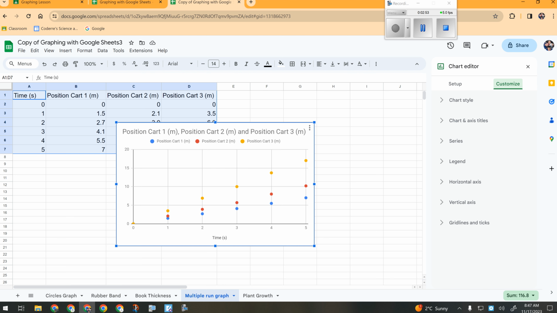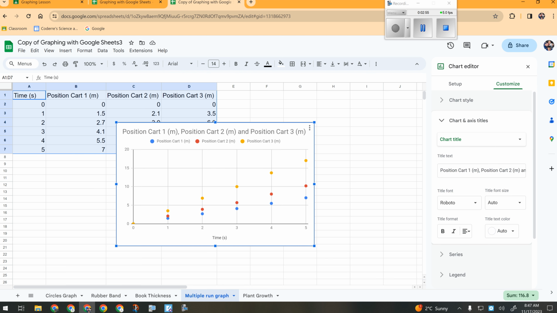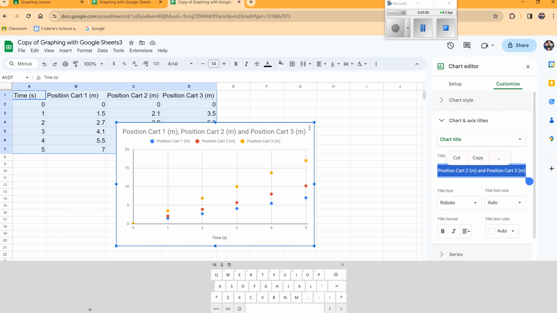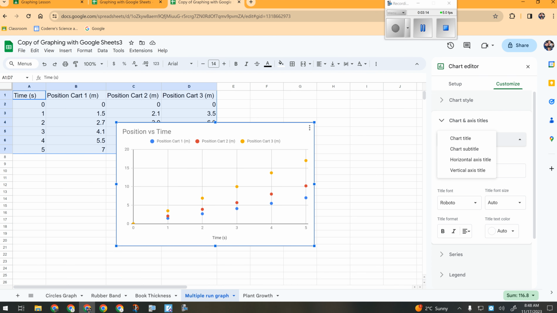So we're going to go first to chart axis and titles, and it's got that really long, clunky title that we want to fix, and we'll just call it position versus time. That's a better title. And then I also have to put a label on my vertical axis.